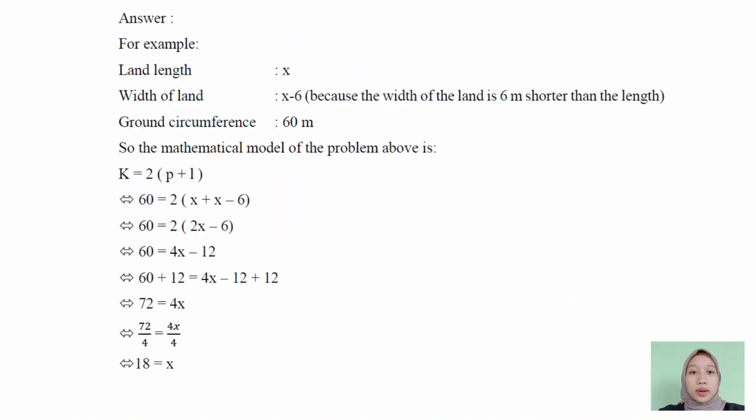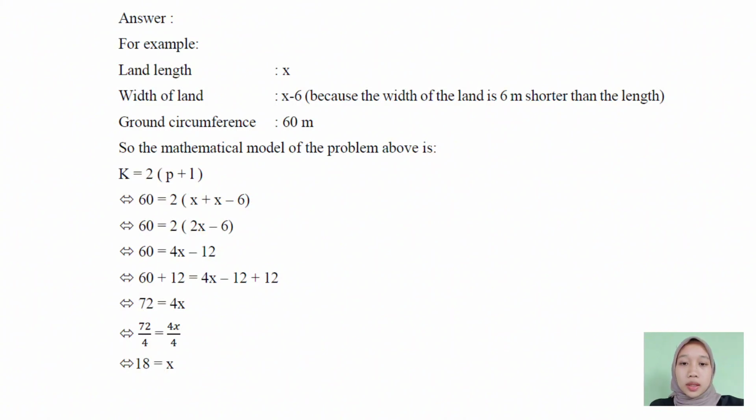Answer. For example, land length equals x, width of land equals x minus 6, because the width of the land is 6 meters shorter than the length. Land circumference equals 60 meters.